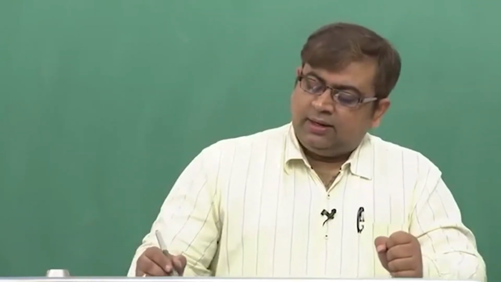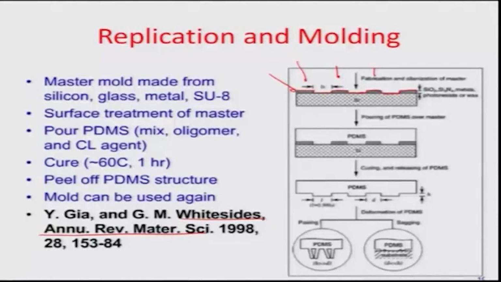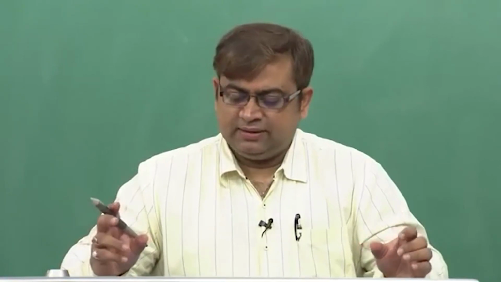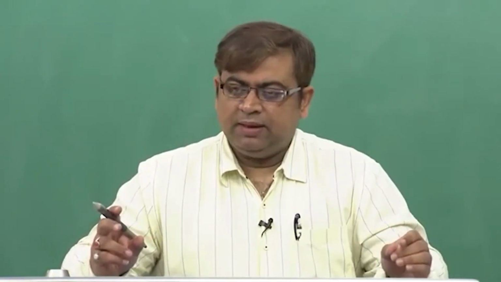So after doing this silanization, you have a thin film of sort of a mold release film, you can say. You pour the polymer on the top, and this polymer typically comes in two different phases, where mixing the two phases together brings a quick setting of the polymer, and there would be a bonded network which would make this polymer become rubbery over time.